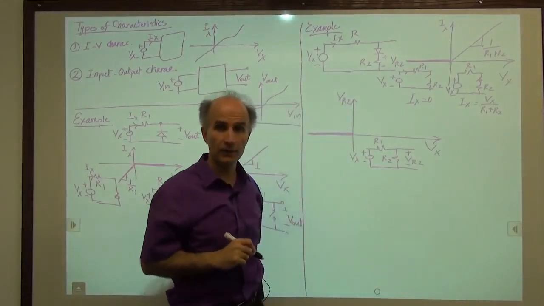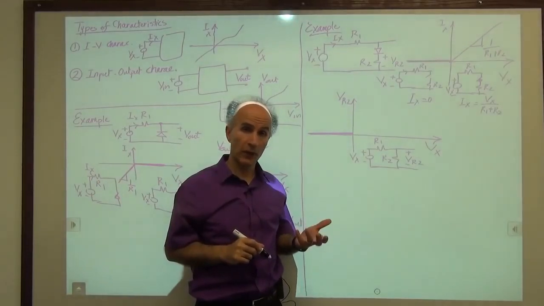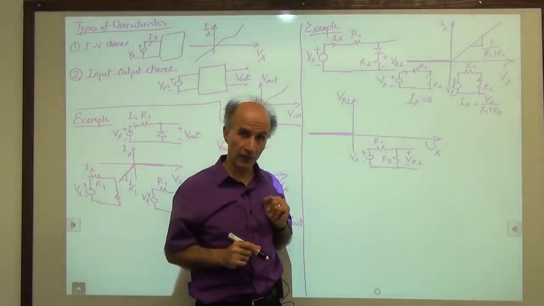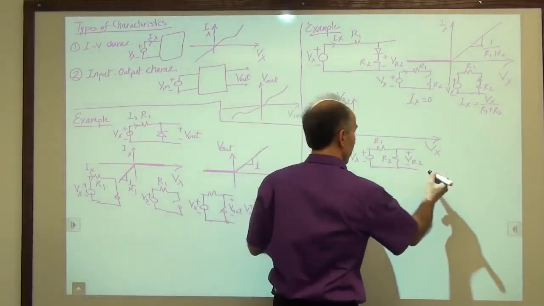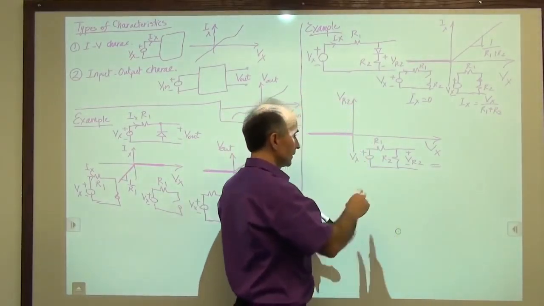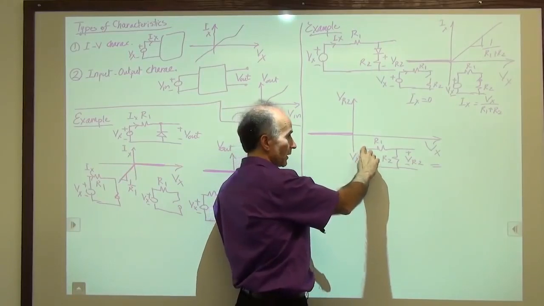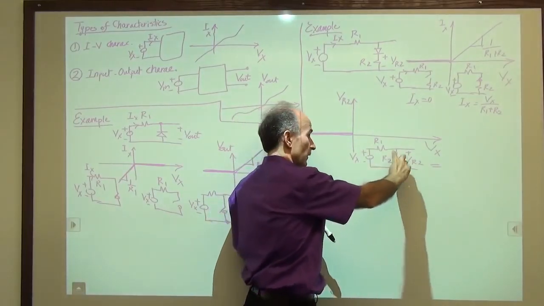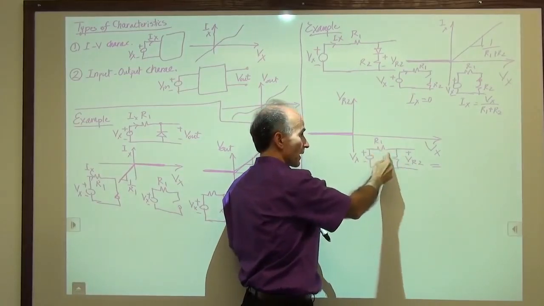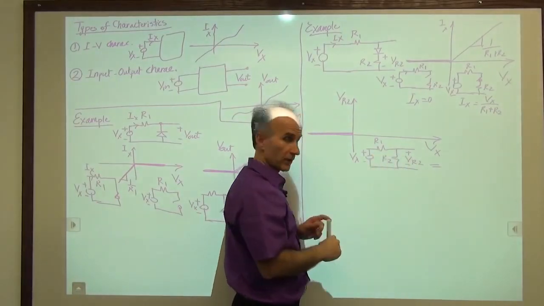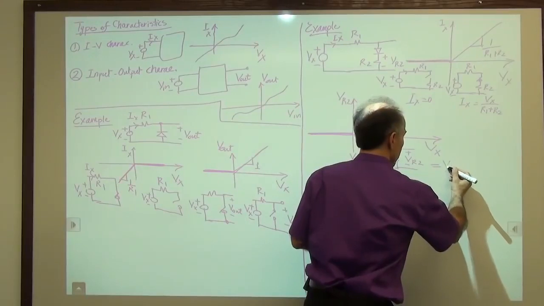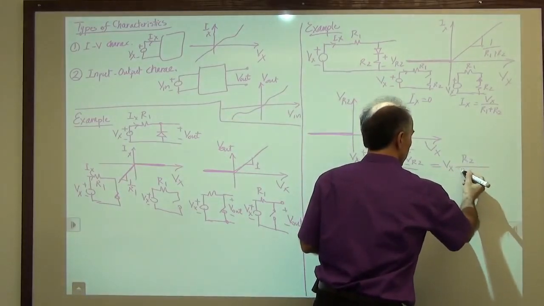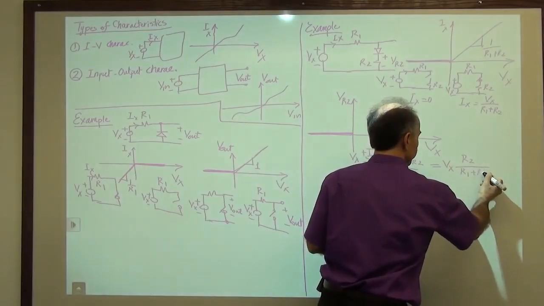How much is that voltage? Well, remember the equation for a resistive divider from basic circuit theory. We know that VR2 is actually equal to the voltage that we applied across this resistive divider multiplied by this resistor divided by the sum of the two resistors. So we have Vx times R2 divided by R1 plus R2.